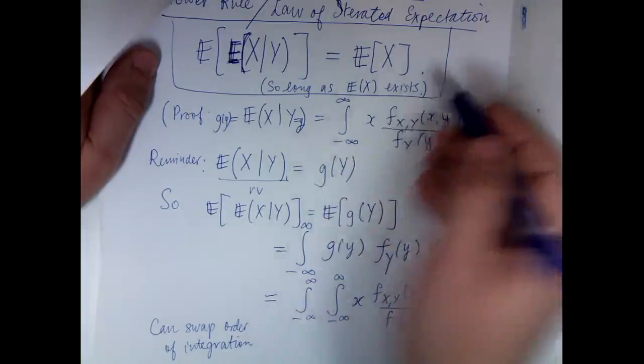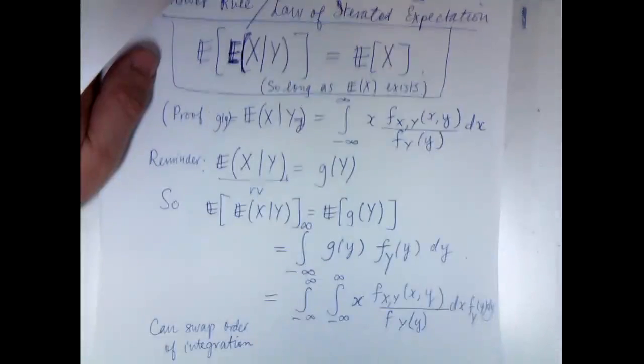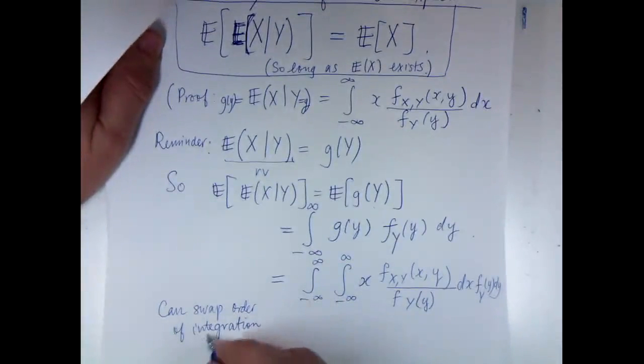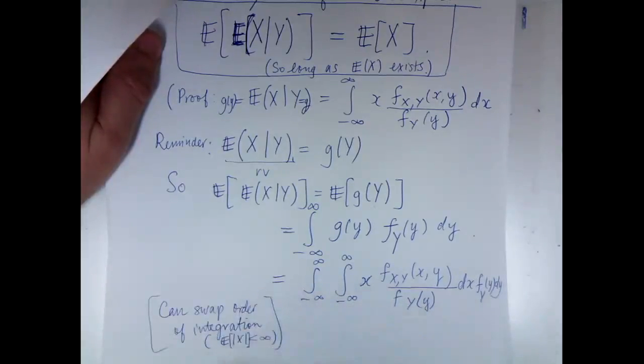So clearly it wouldn't make sense to talk about this if the expected value of X didn't exist, but I guess it's not true in that case. So it follows from expected value of X existing. Often the fact that expected value of X exists is written as the expected value of the absolute value of X is finite. Anyway, this isn't a maths course, so I won't obsess about that.